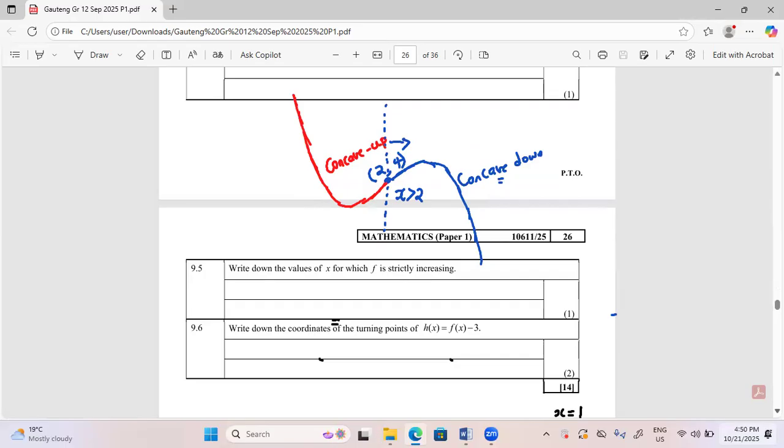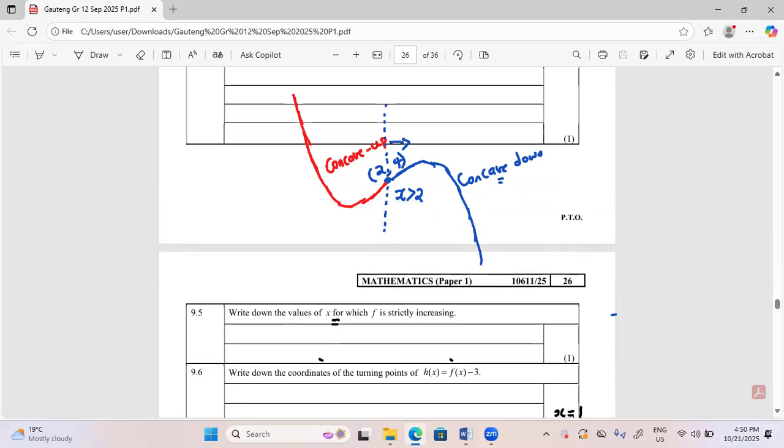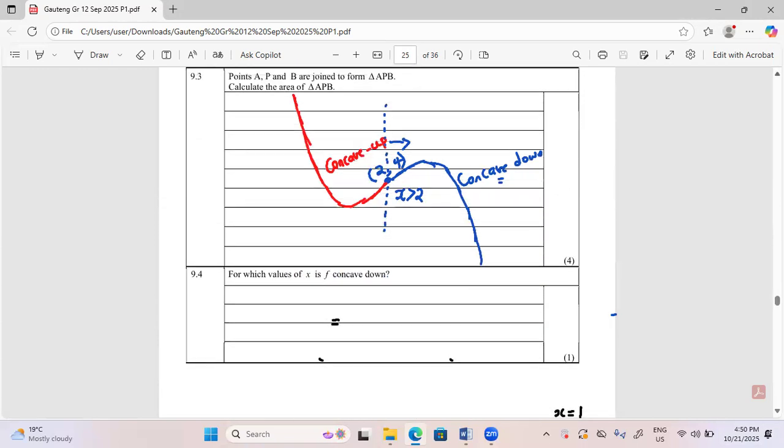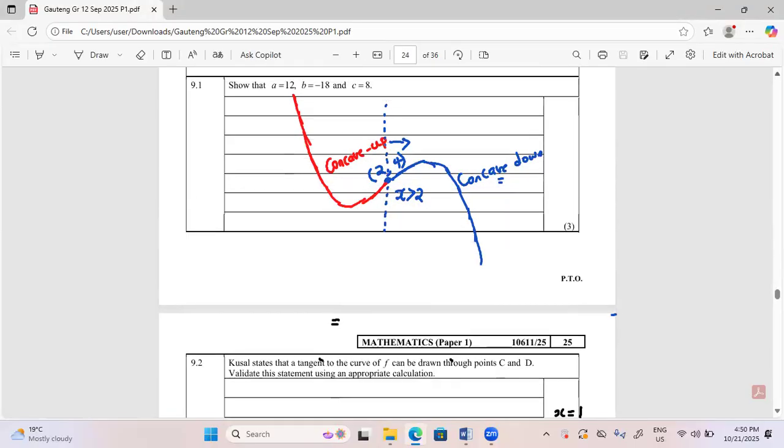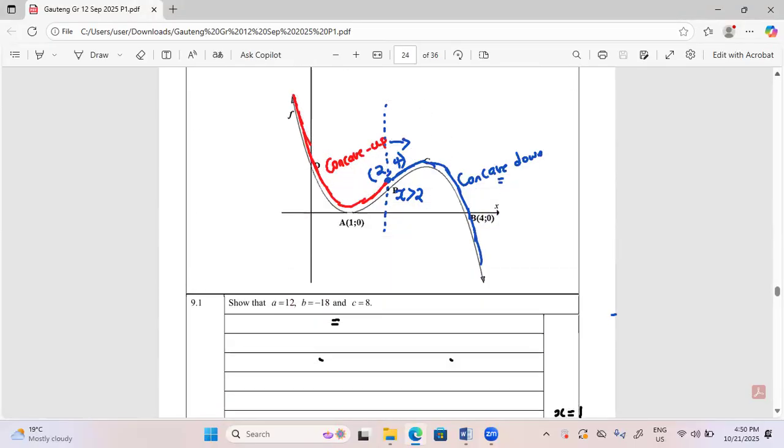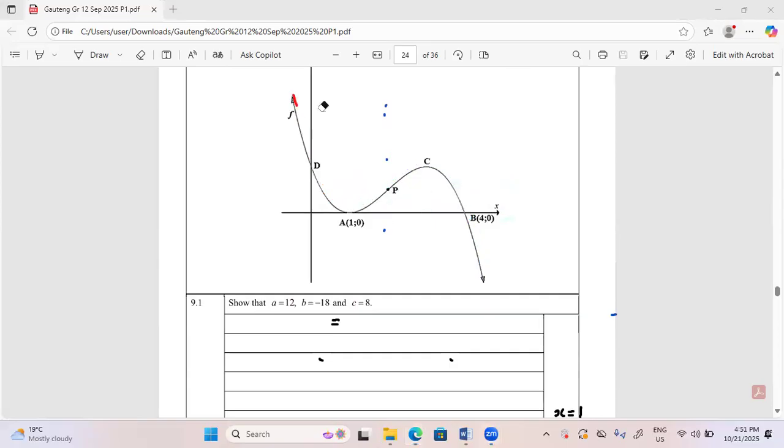Write down the values of x for which f is strictly increasing. Okay? So to find the values of x where f is increasing, it's easy. I will show you how easy it is.